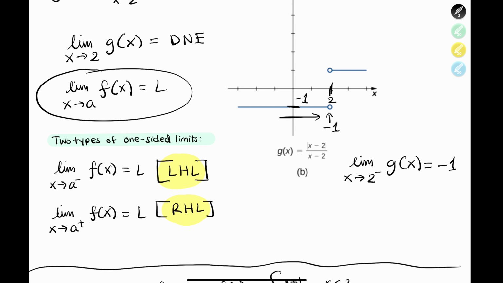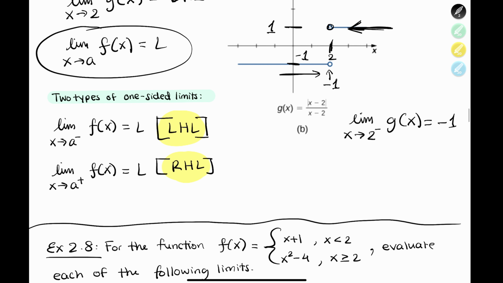So now let's look at the second one-sided limit, which is the limit of f of x as x approaches a, and we have this plus above the a now, and that indicates that it's coming from the right-hand side. So looking at the case of g of x, as we're approaching 2 from the right-hand side, we're actually approaching the value 1, this value 1 over here.